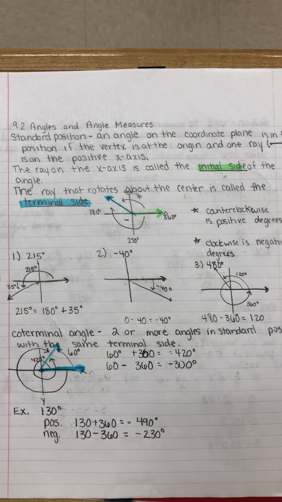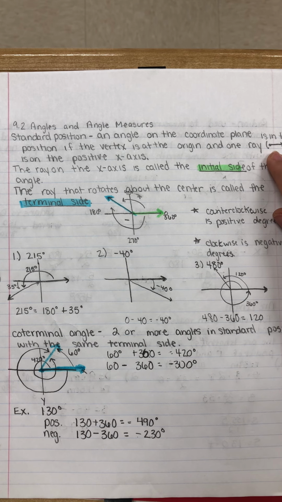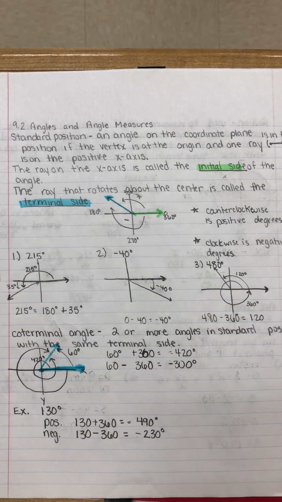Okay, first vocabulary. It is called standard position. Standard position is an angle on the coordinate plane that is in this position if the vertex is at the origin and one ray, and I drew a picture just to remind you, remember it's a point on one end and an arrow on the other, is on the positive x-axis.